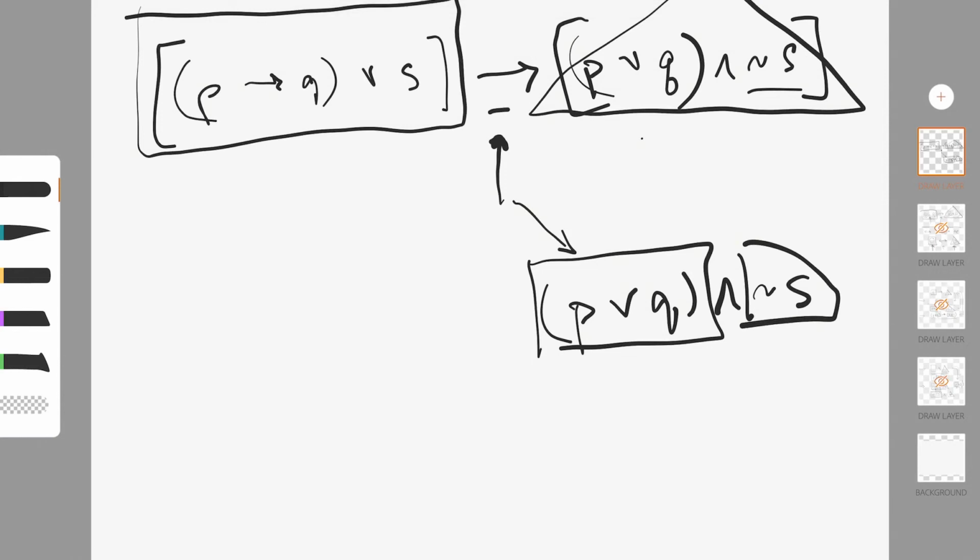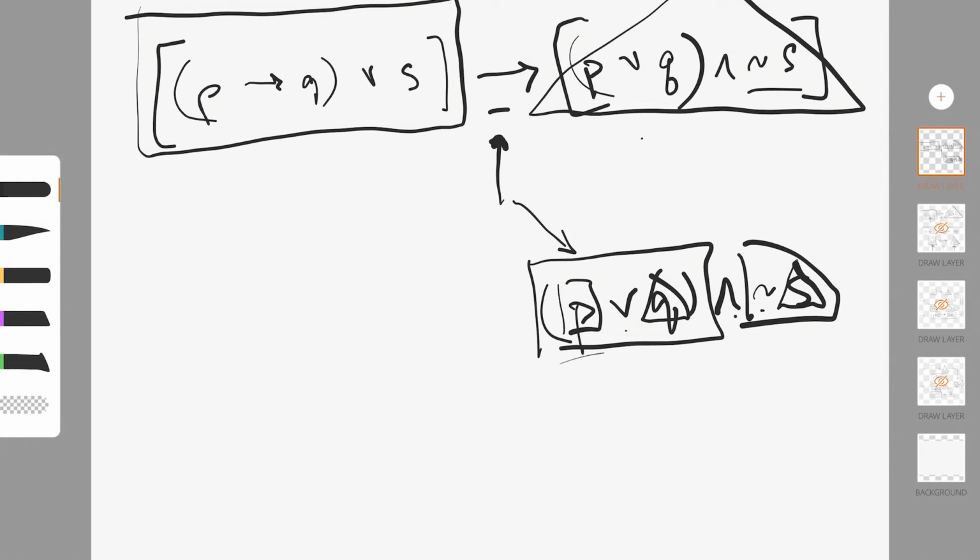And so if you look at this scope, the scope of this and operator, the jurisdiction, is bigger than either the scope of this or the scope of this negation sign. So let's take this negation sign as an example. The negation sign operates only on S, so its scope is pretty small. This or operates on P on the left-hand side and Q on the right-hand side.